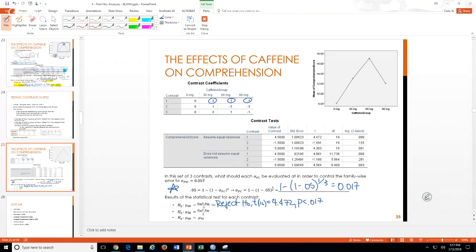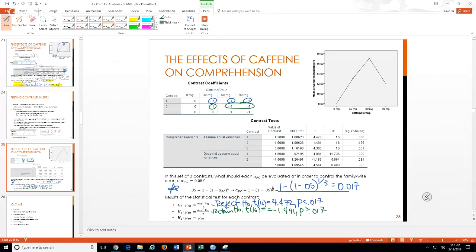Very good. Okay, what about the second one, comparing the 30 group to the combination of 60 and 90? Is that one significantly different? So we retain the null hypothesis. t with 16 degrees of freedom equals what value? Minus 1.491, and p is greater than 0.017.